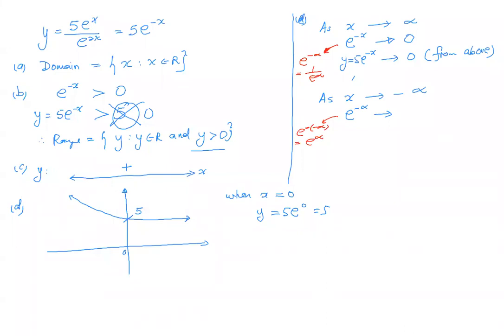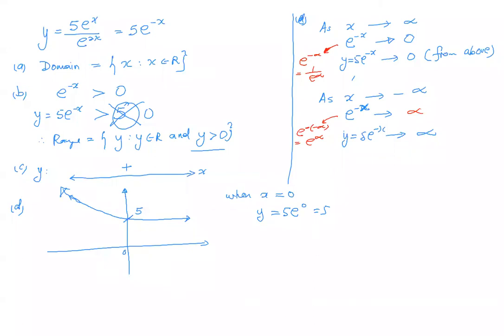So it approaches infinity. So therefore, my y equal to 5e to the power negative x, sorry, I supposed to put x here, will approach infinity. That's why you see this part approach infinity.